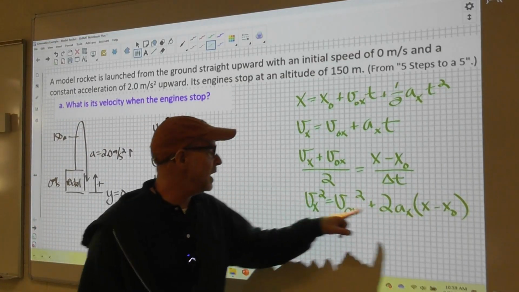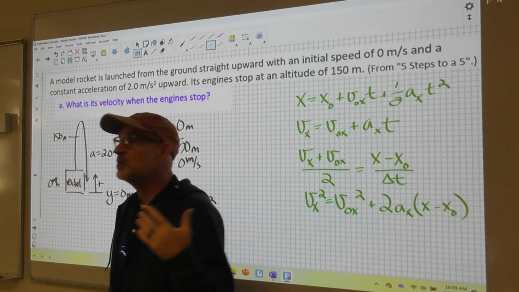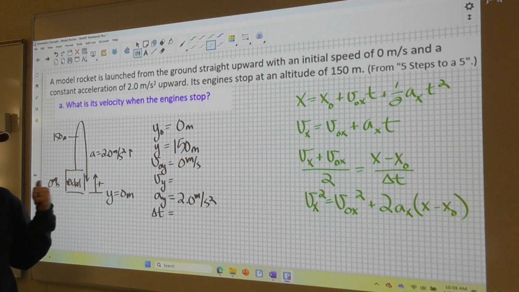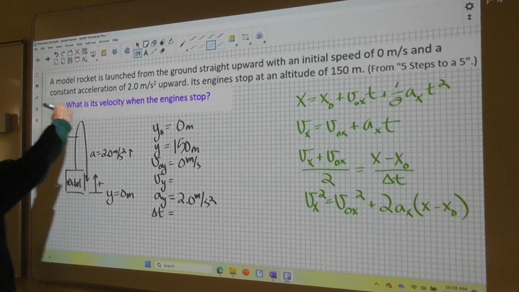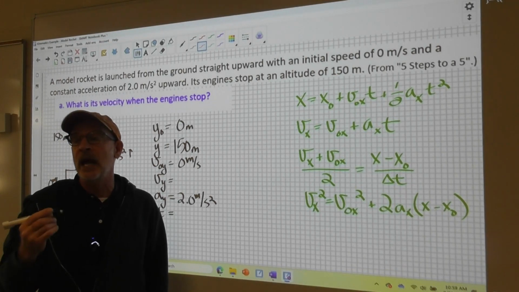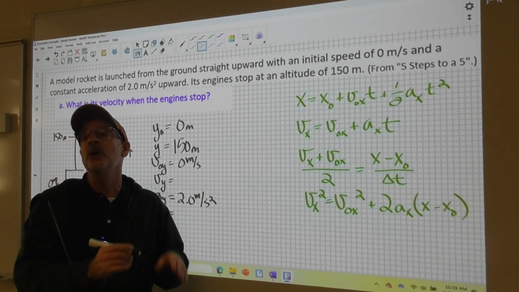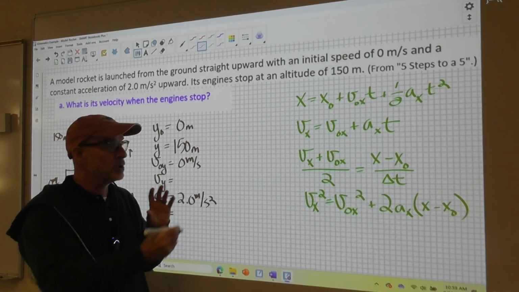It has acceleration, which we know. It has final and initial position, which we know. That equation will tell us everything we need to know. So that's what we're going to use. And when you write these things out, it actually is helpful to write the equation out first. So just write the equation, even if you don't like to, just write it anyway.